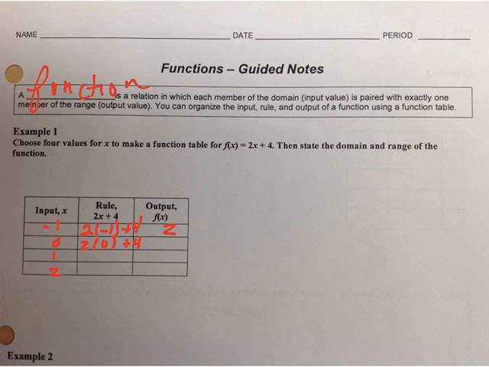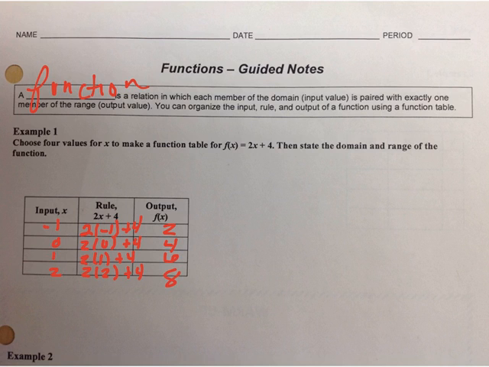Well, 2 times 0 is 0, and 0 plus 4 is 4. Next, we have 2 times 1 plus 4. 2 times 1 is 2. 2 plus 4 is 6. And finally, 2 times 2 plus 4. 2 times 2 is 4, and 4 plus 4 is 8.